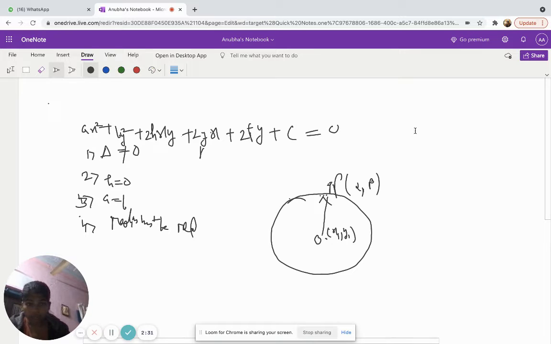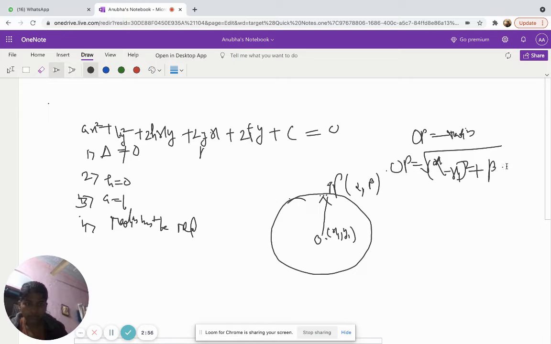So now if I need to calculate OP, then as we know, OP is the radius of the circle. So we can simply use the distance formula here. OP is equal to under root of (alpha minus x1) whole square plus (beta minus y1) whole square.